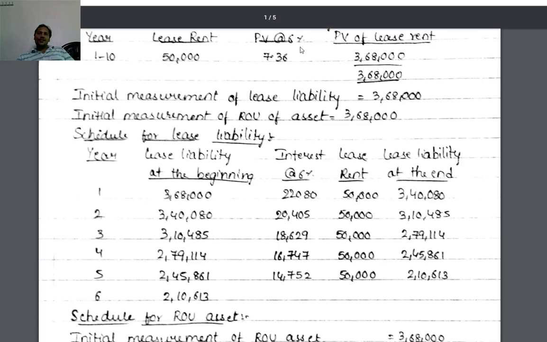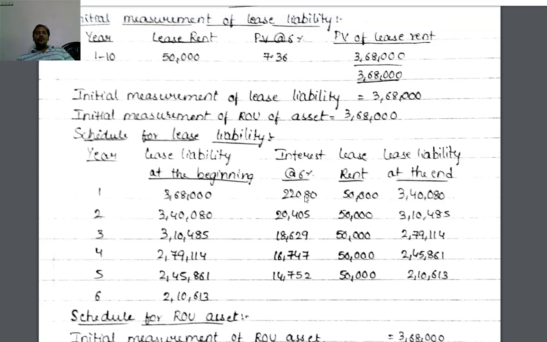Interest at 6%, whatever the incremental borrowing rate is, 6%, that is 22,080. Lease rent paid 50,000. Balance lease liability 3,40,080. That is 3,68,000 plus 22,080 minus 50,000, 3,40,080.